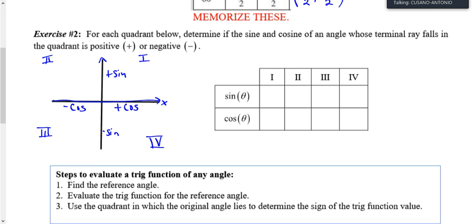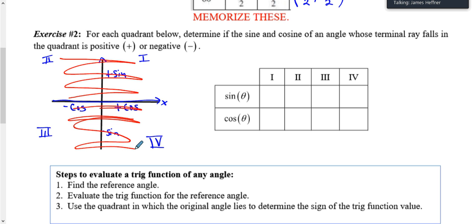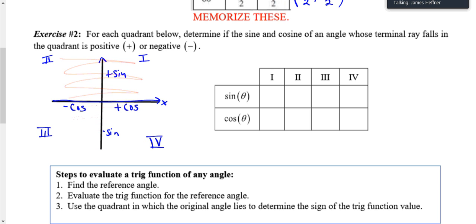Everything up here would be positive sine, in those two quadrants, and everything down here would be negative sine in those two quadrants. So let's take a look at the chart here. Let's see if we can fill this out. What would the sine of our angle be in quadrant 1? Both would be positive. Sine would be positive, and the cosine would be positive as well.